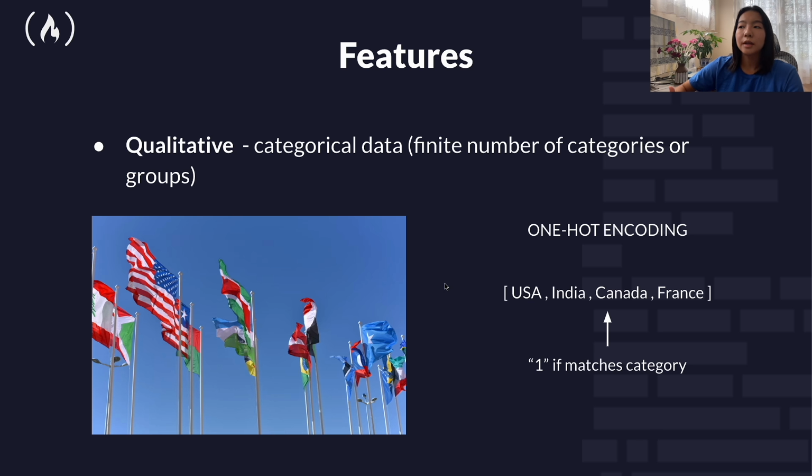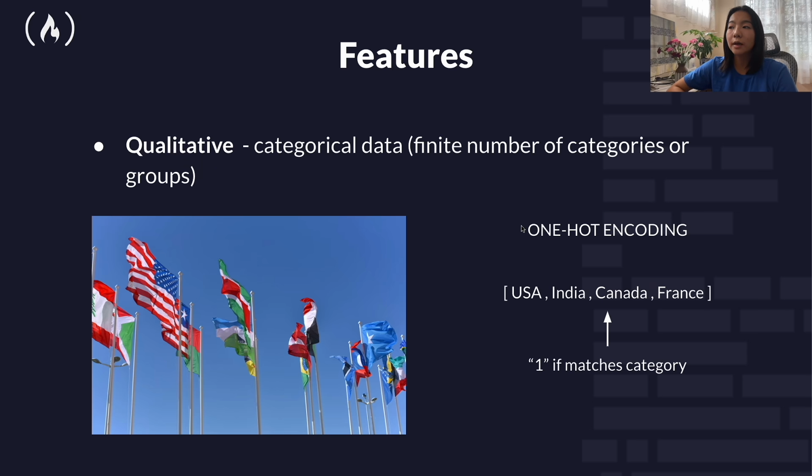Now, for nominal data, the way that we want to feed it into our computer is using something called one-hot encoding. Let's say I have a data set. Some of the inputs might be from the US, some might be from India, then Canada, then France. How do we get our computer to recognize that? We have to do something called one-hot encoding.